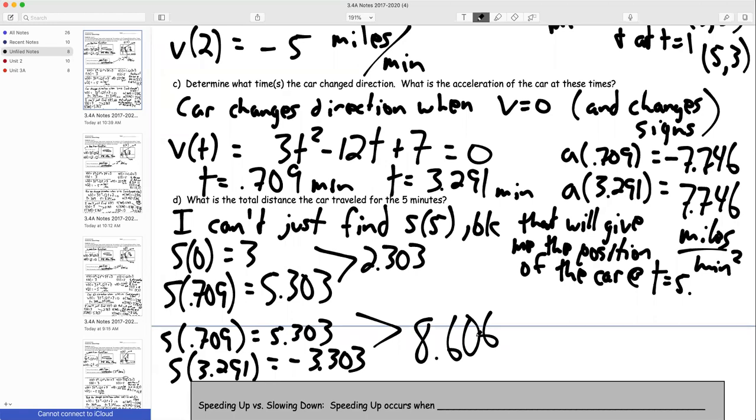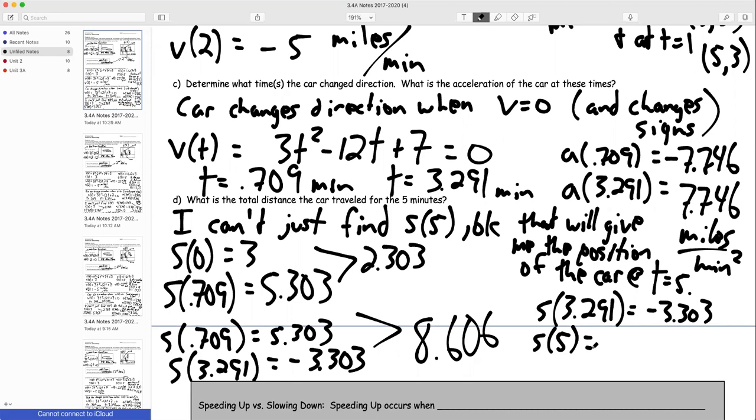Okay. And then one more. Okay, I went from S of 3.291. That was negative 3.303. And they wanted me to find where I was after 5 minutes. So I need to find S of 5. I'll give that to you.